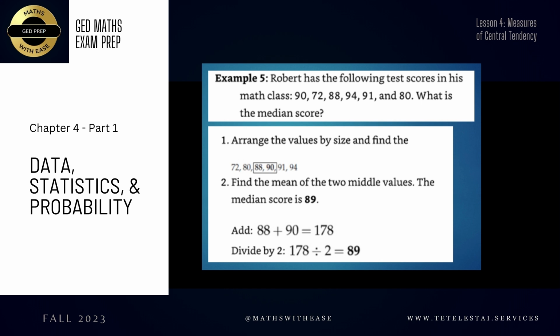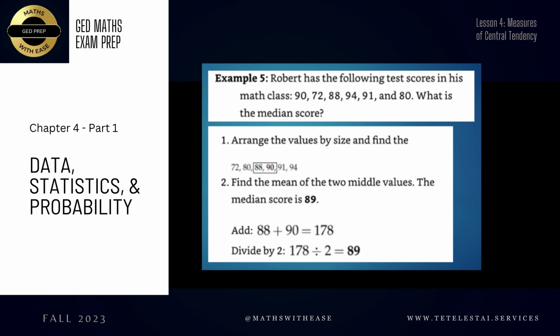And these are the scores that you made in math: 90, 72, 88, 94, 91, and 80. And then I ask you, hey, France, hey, Jaleesa, what was your median score on your tests? Well, you know your scores, right? So it'll be pretty easy.